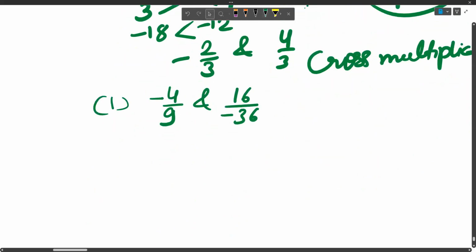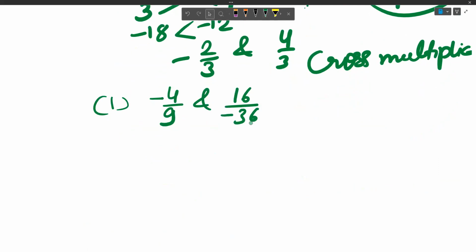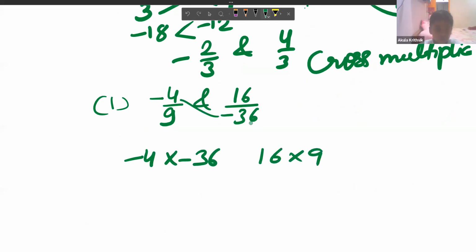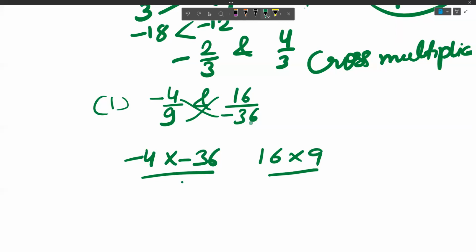If it is done, yes, which one is greater? Kritvik. -4 into -36 and 16 into 9 if you cross multiply. So which number is greater, this one or this one? Minus and minus, it would be plus only, right? This one.